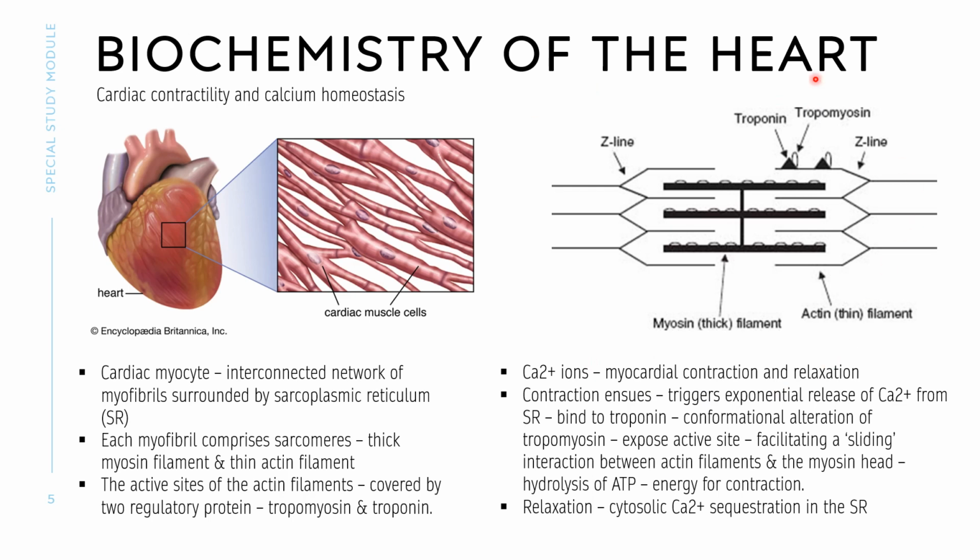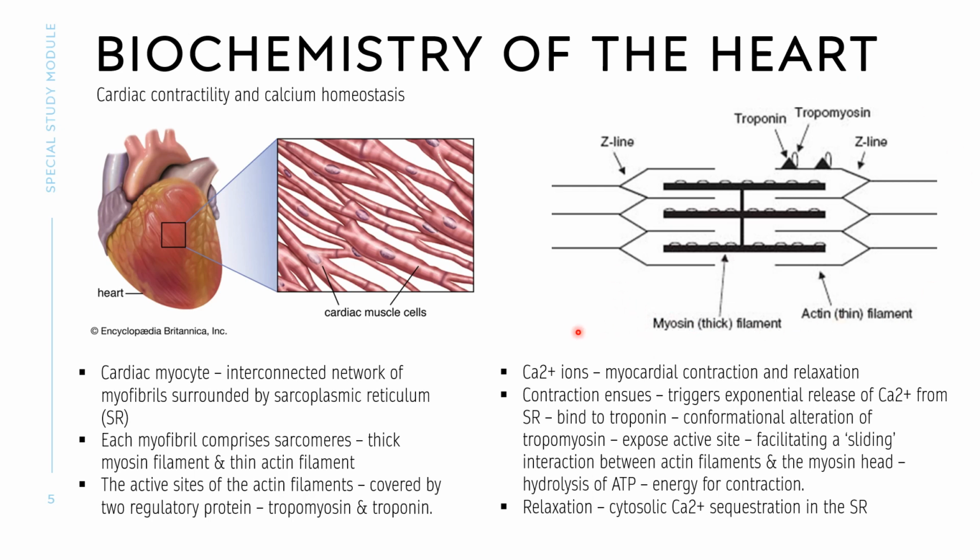Here we can see the structure of the cardiac muscles. Each myofibril comprises sarcomeres, and the sarcomeres consist of thick myosin and thin actin filaments. There are active sites, and these active sites are covered by two regulatory proteins, which are troponin and tropomyosin. So that is the structure of the heart muscles.